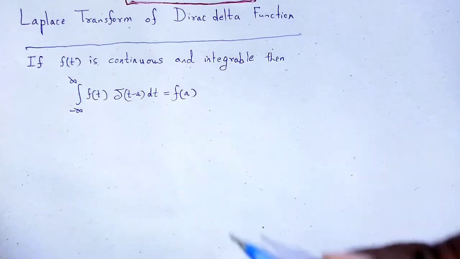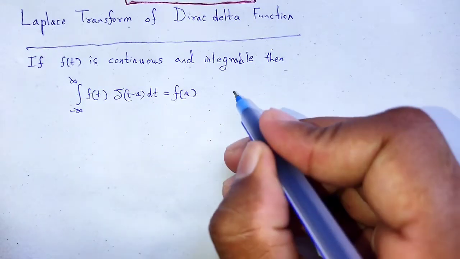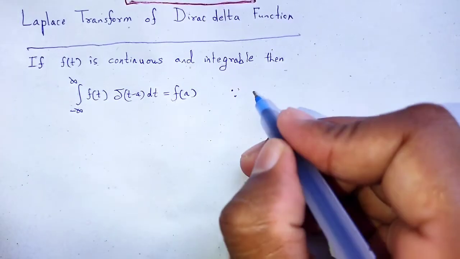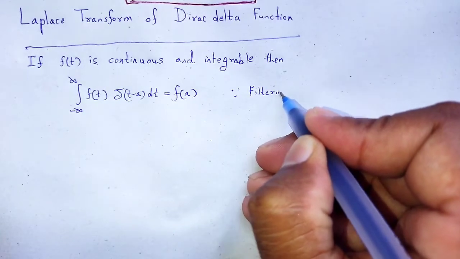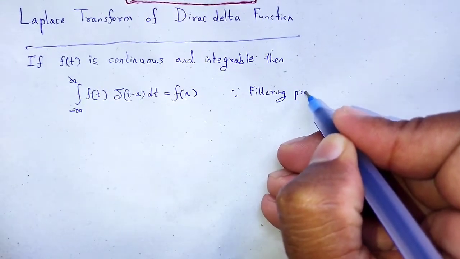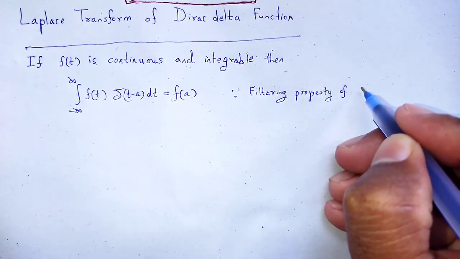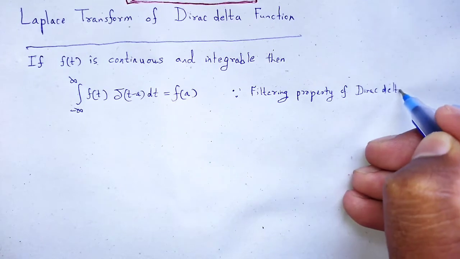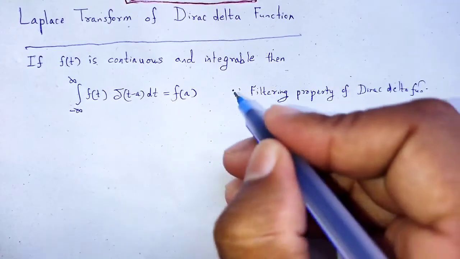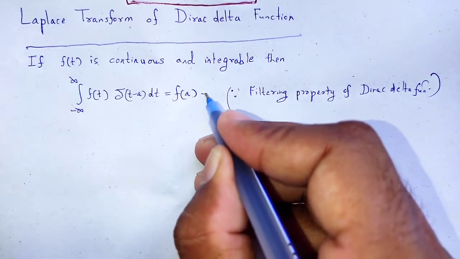That is a property of Dirac delta function, which is known as the filtering property of Dirac delta function. Taken as equation number 1.